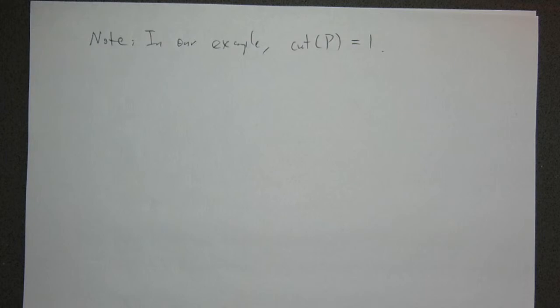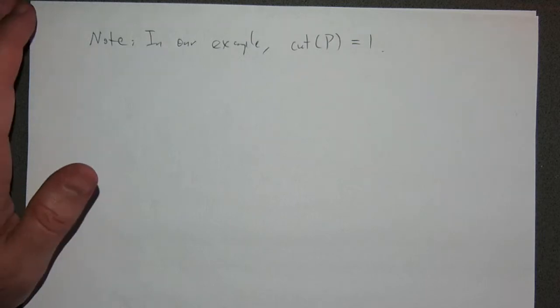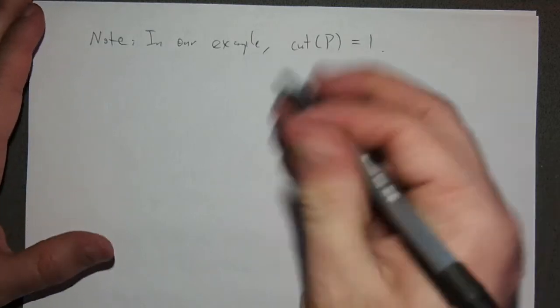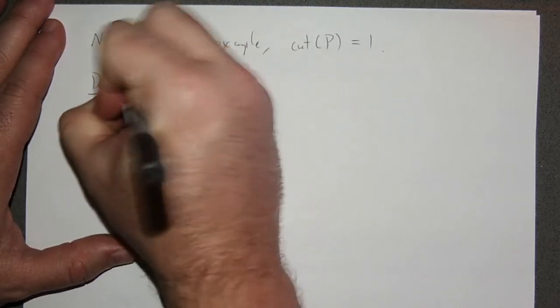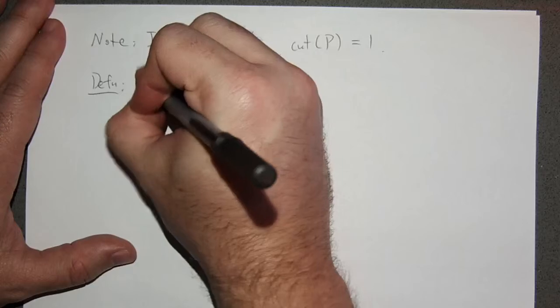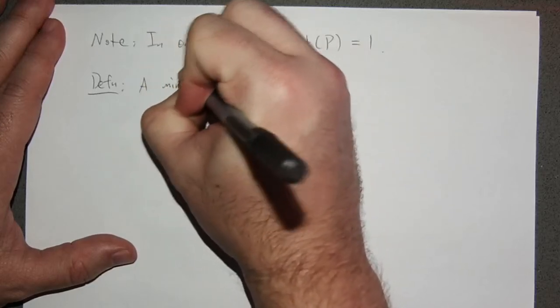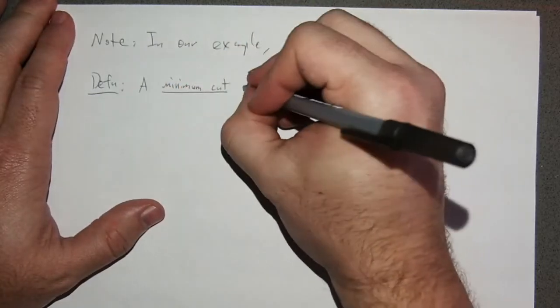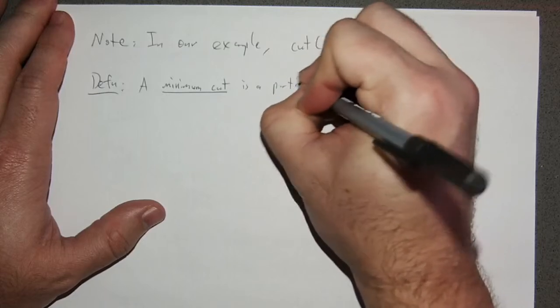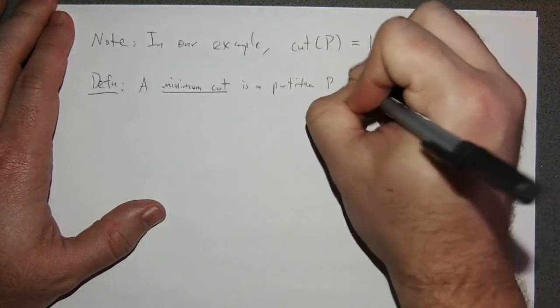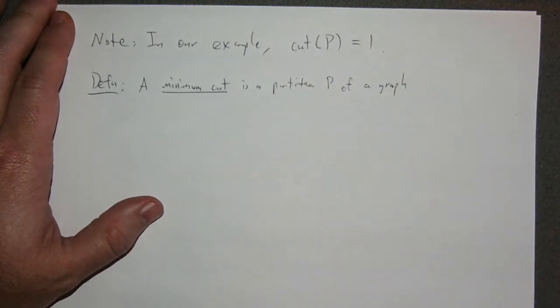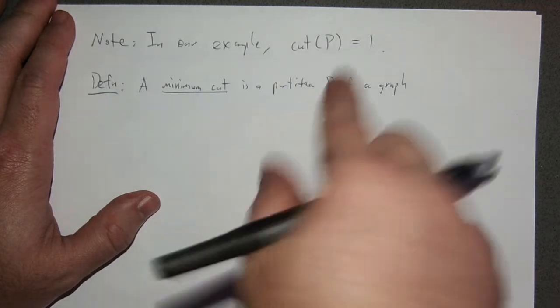Now, another definition now that we have cut defined. So a minimum cut is a partition P of a graph. Remember, a partition is necessarily into two pieces, because we called it a two partition. So a partition means a two partition.